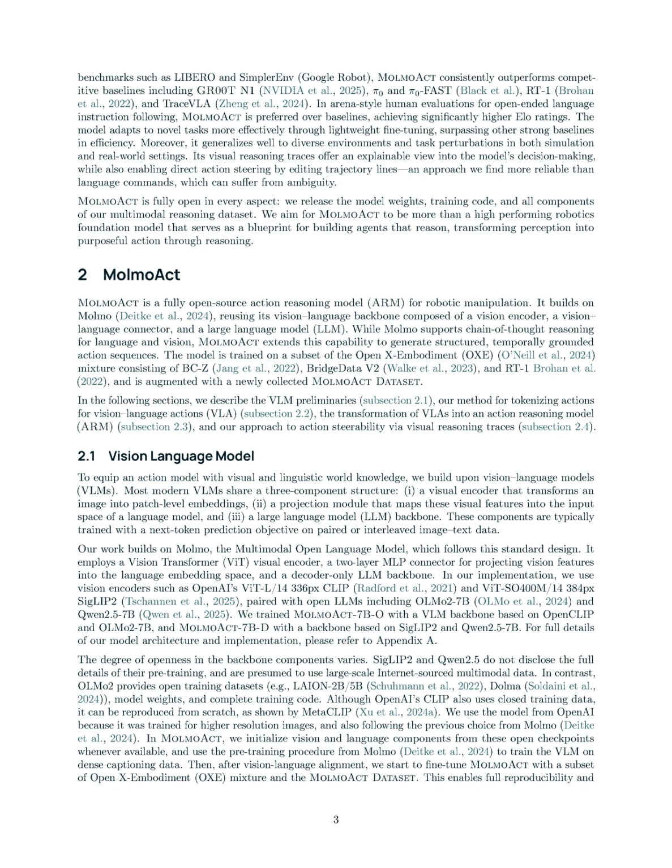The datasets used for training and evaluation included a mixture of action reasoning data from the Open X-Embodiment dataset, auxiliary robot data, and the newly curated MolmoAct dataset, which contains 10,689 trajectories of a Franka robot performing various manipulation tasks.